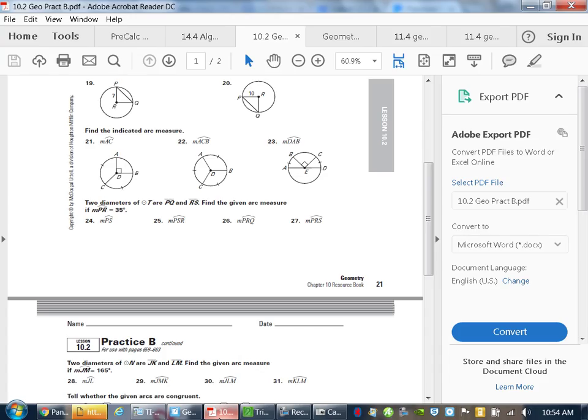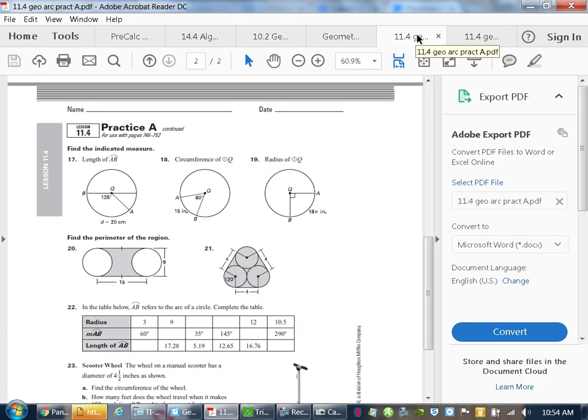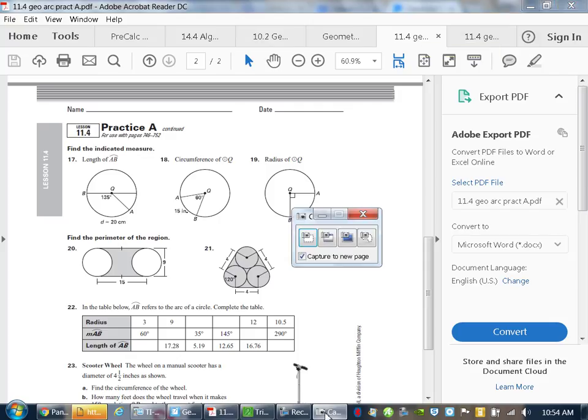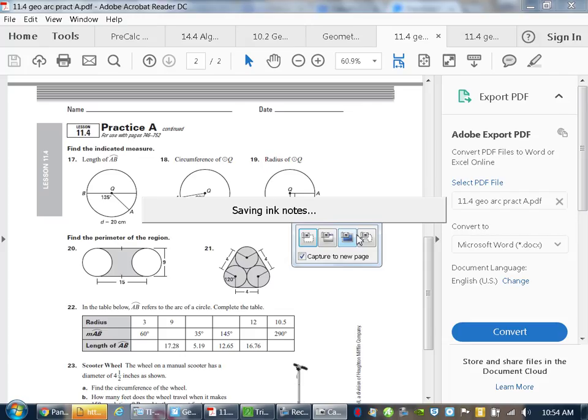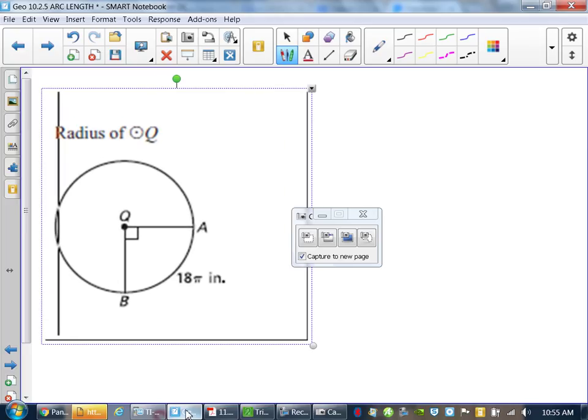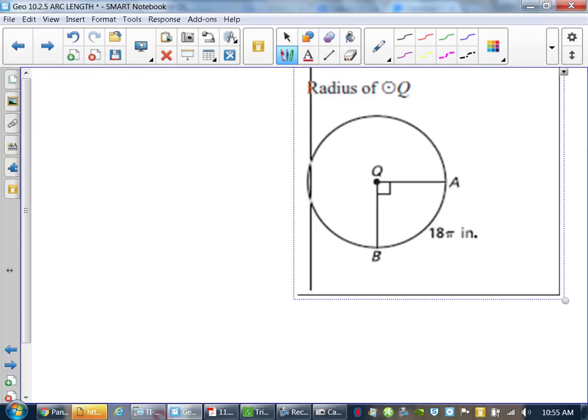Now, is it always this clean and straightforward? No. Sometimes you do need to work yourself backwards. For example, sometimes it's going to ask you to find portions of that formula.